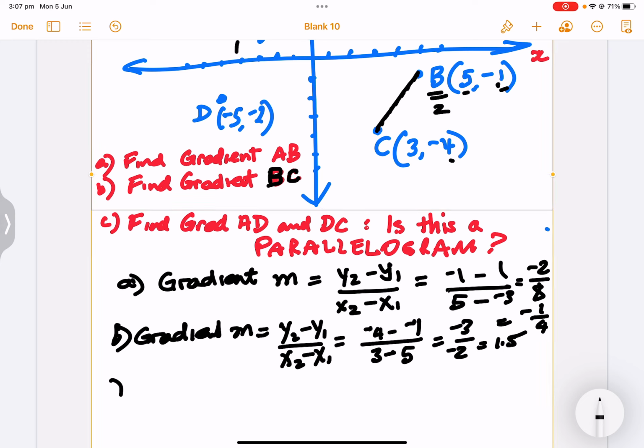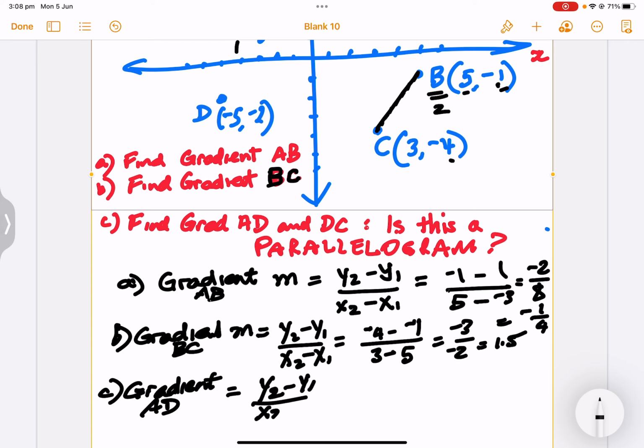All right, part C, the gradient of AD. So this is the gradient of AB. That's the gradient of BC. Now we want the gradient of AD. So that will be y2 minus y1.